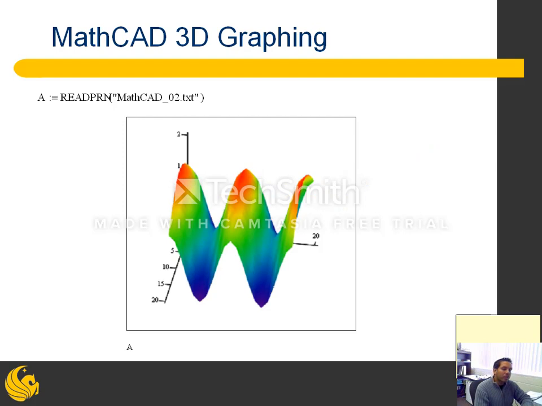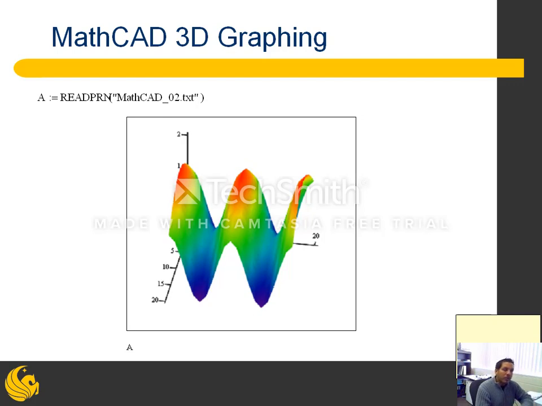So for example, let's start by plotting a matrix, and for that we are going to use a predefined text file that I've included with this presentation called MathCAD02.txt. That MathCAD02.txt file has 21 by 21 elements.